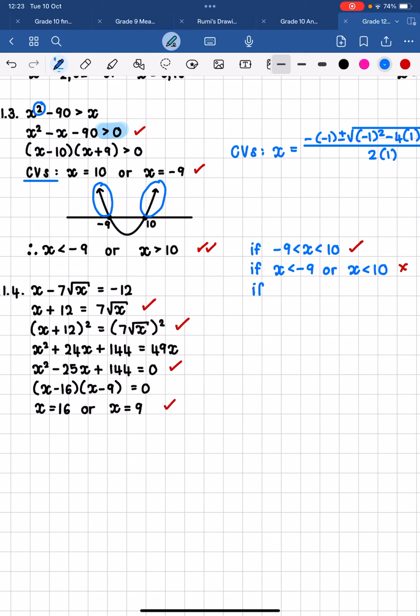And also if you did it the other way around, if you said x is greater than -9 or x is greater than 10, you also get 0 for that. So you don't get 1 mark for the one part and then 1 mark for the other part. It has to actually make sense what you've written there. The only way in which you can get 1 out of 2 for this last statement is if you wrote the middle part there instead of the outer parts.